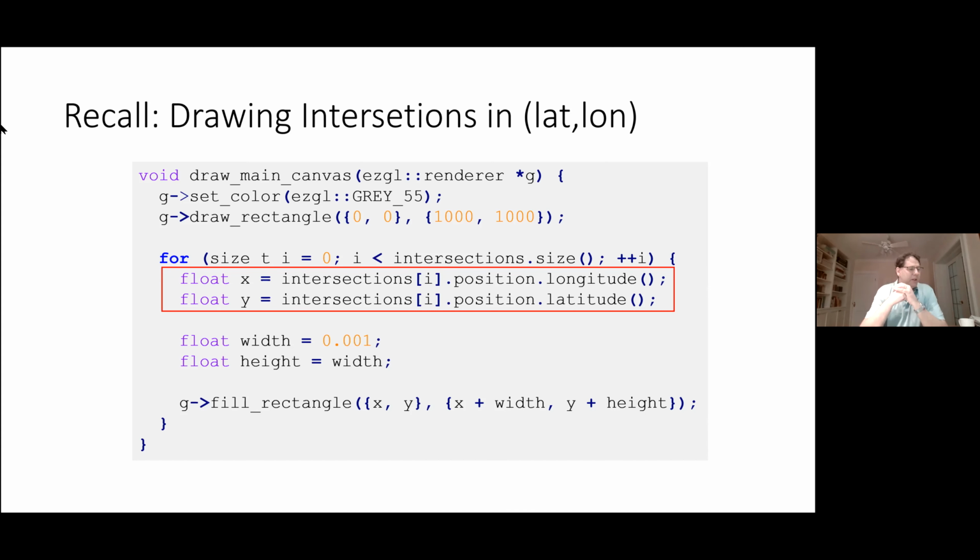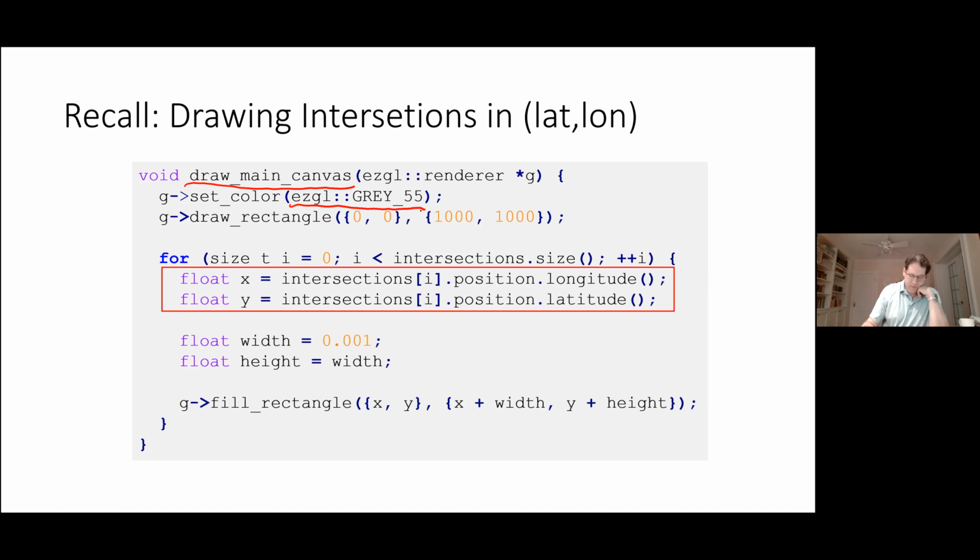Okay, so just to recap what we did last week, we were drawing intersections. This is misspelled, so I'll just change this after, in latitude and longitude. So we had code that looked like this. So our main redraw function, remember all the redrawing is happening in this redrawing callback that EasyGL calls whenever the screen needs to be redrawn. So I'm setting the color to be a predefined color in EasyGL, certain level of gray.